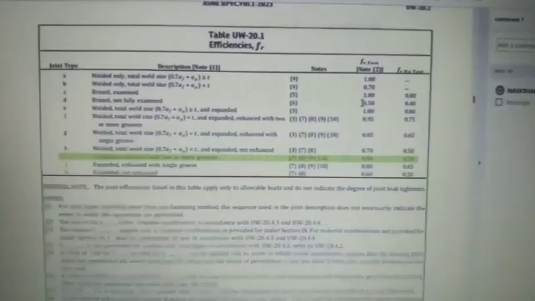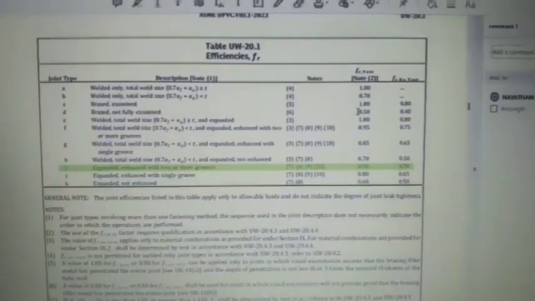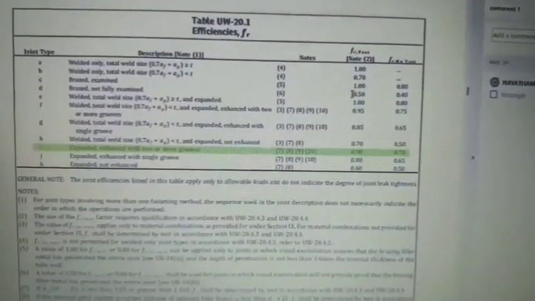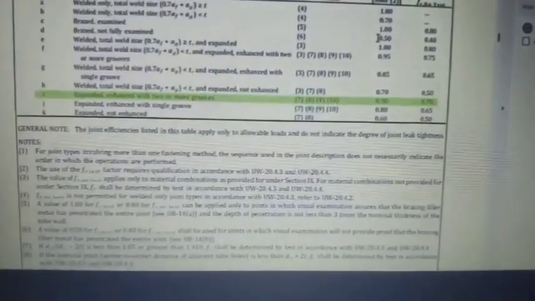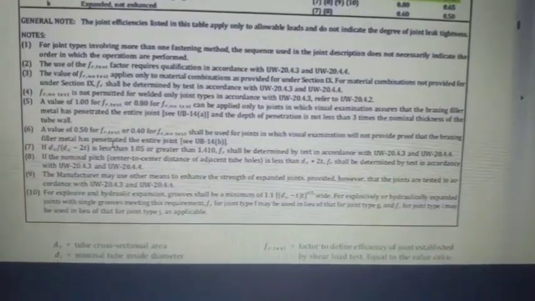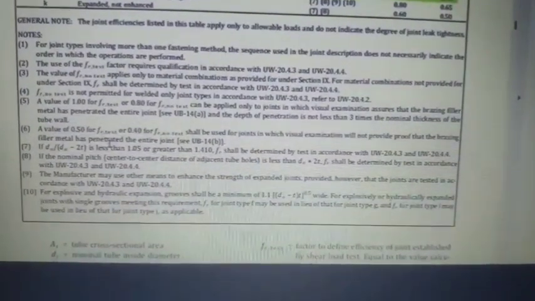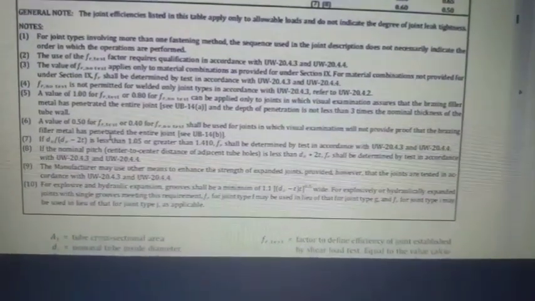And in this table, point numbers 7, 8, 9, 10: if Do over Do minus 2t is less than 1.05 or greater than 1.4, it shall be determined by test according to the code. Now this line is referring me to do a pull-out test.